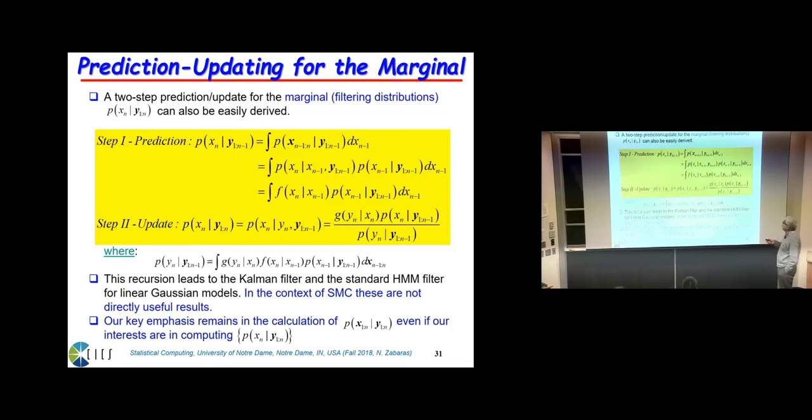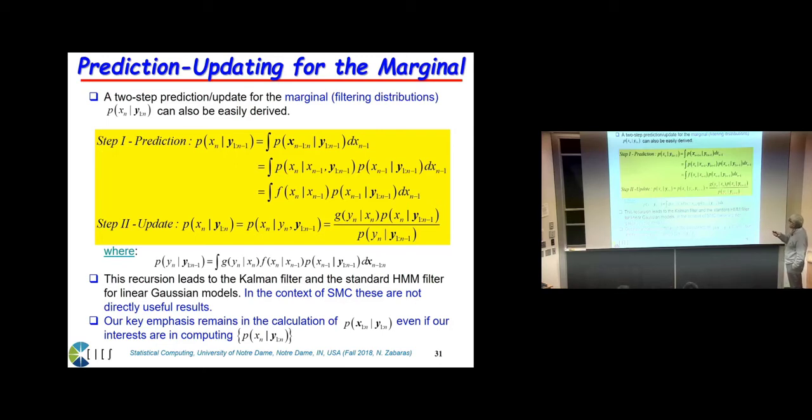And then the update formula to compute the posterior of xn is nothing else but taking this predictive distribution and multiplying with the observation model exactly as before. And the denominator here is slightly different from before because of the way that the marginalization has worked. And the only thing I'm going to say is that you can show it basically doesn't take any calculations.